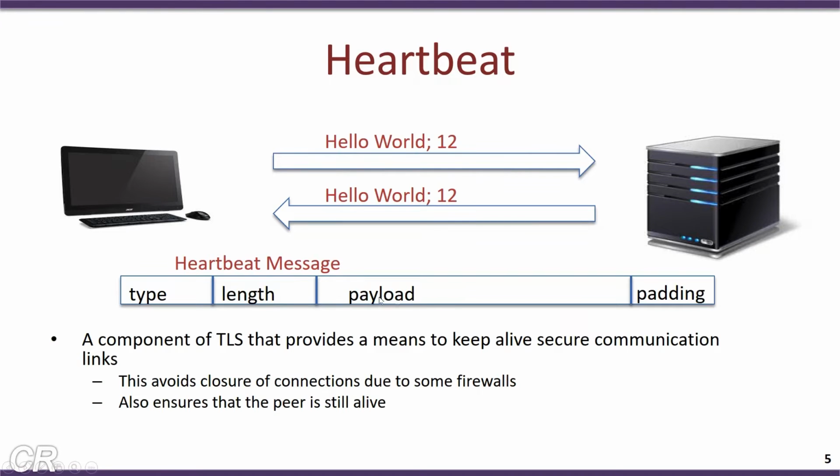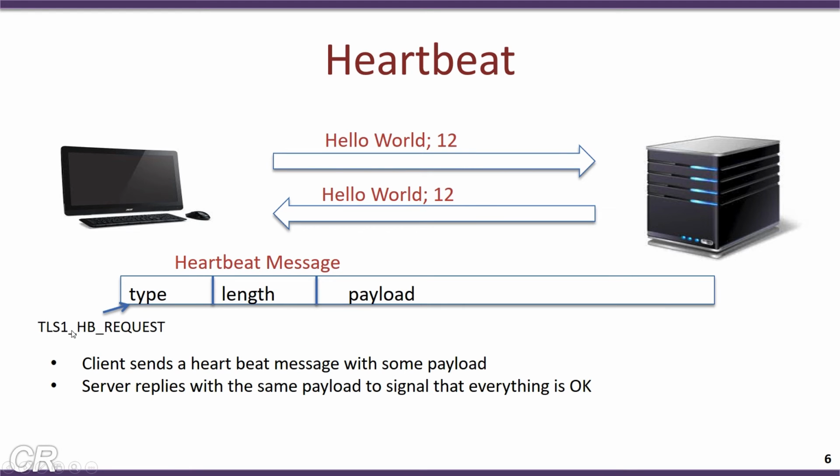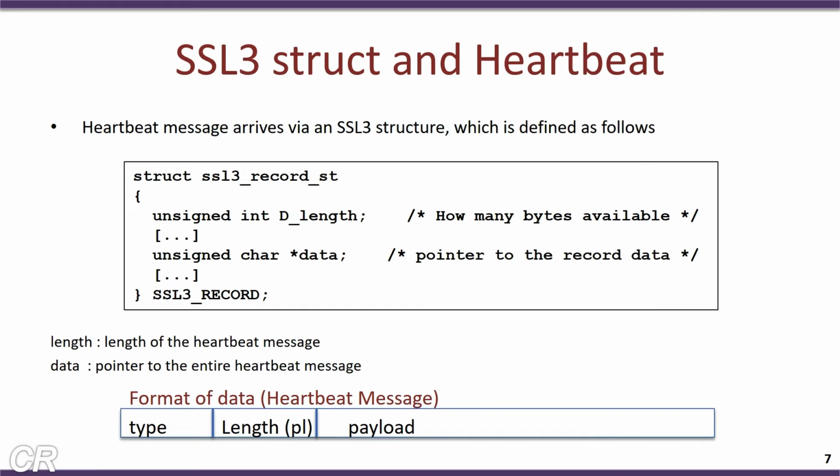And then finally, you have a payload over here, and optionally there is extra padding that is also added. So in our example over here, the payload will be hello world. The length would be 12 bytes because hello world comprises of 12 bytes, and the type would be as follows: TLS1 HP request.